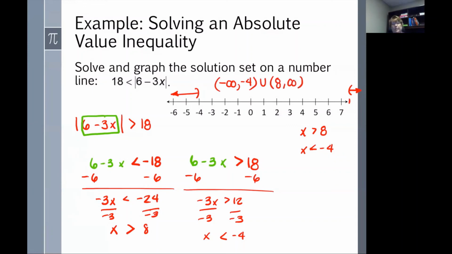There is no other way to do this. What you do is you take the expression on the inside of the absolute values, you set it less than the negative constant and greater than the positive constant, and then solve the resulting inequalities. And you will get a union of two sets. So you'll have one going in one direction, the other going the other direction, and you'll union them together.